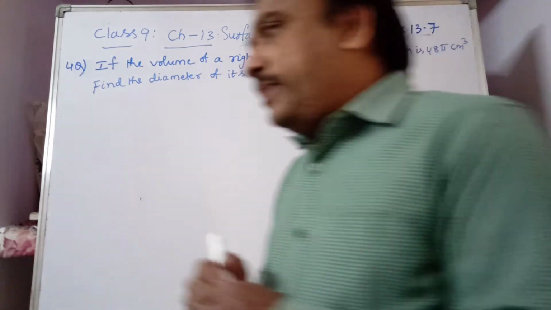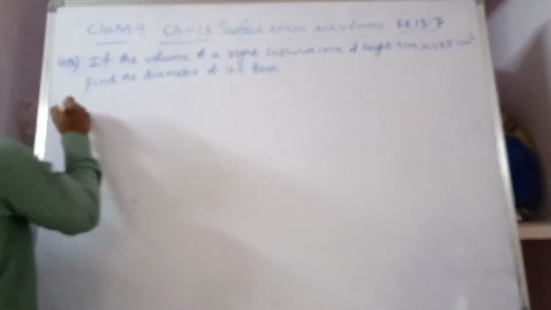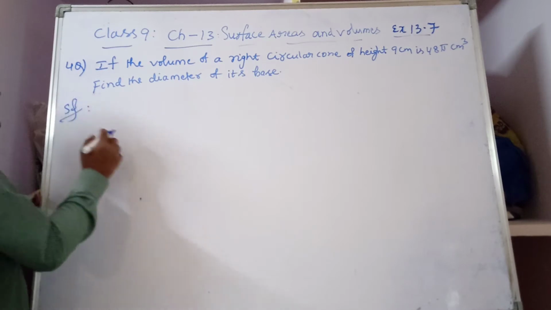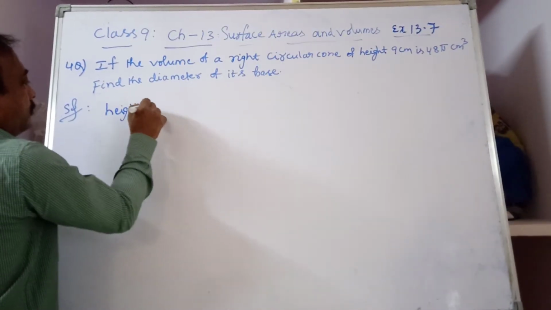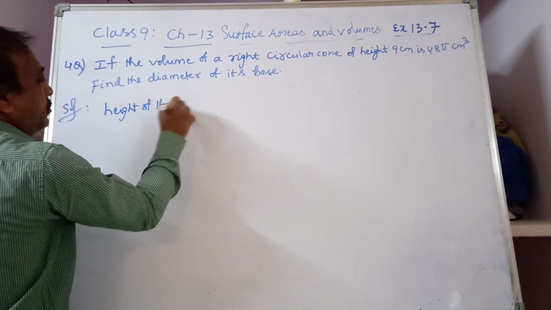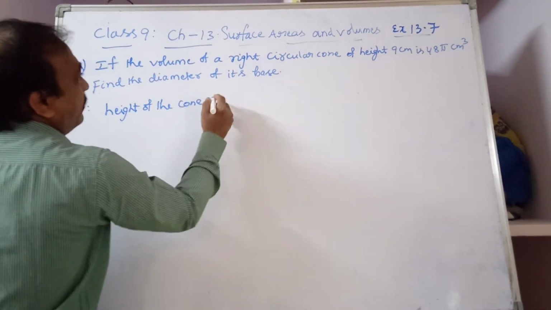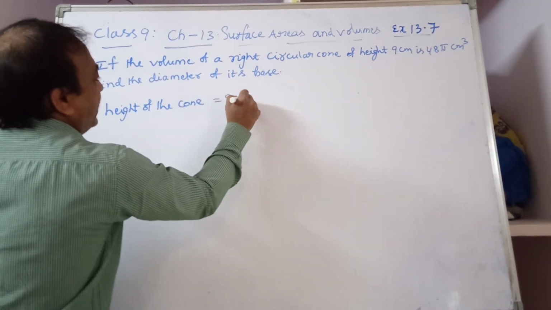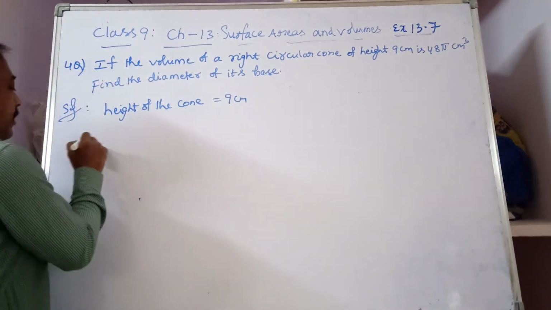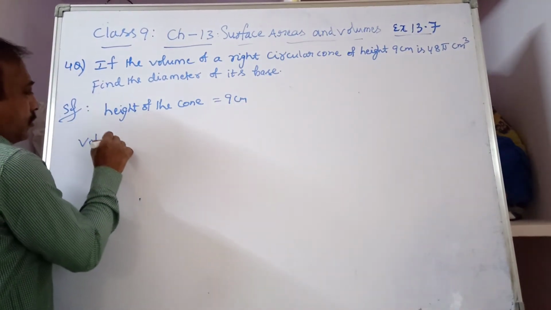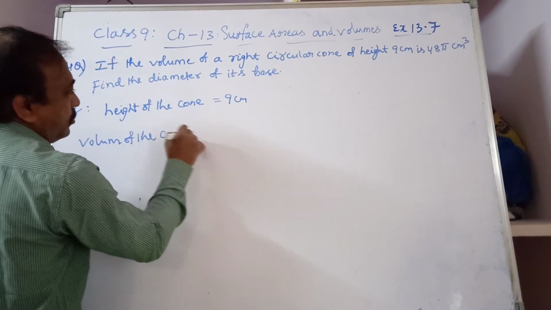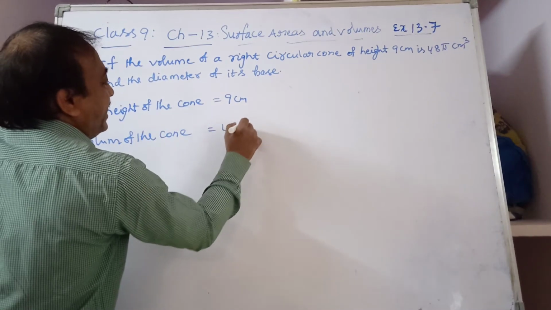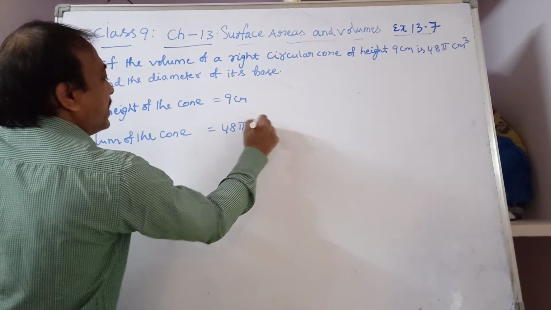Let us see the solution. First, what is given? Height of the cone is equal to 9 centimeters, and volume of the cone is equal to 48 pi centimeter cube.